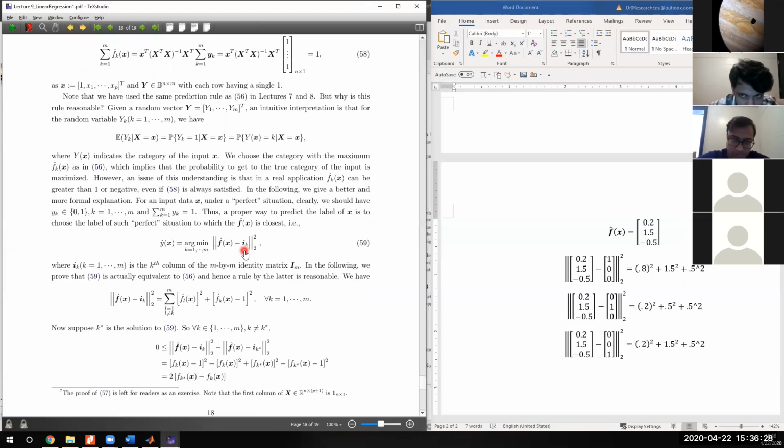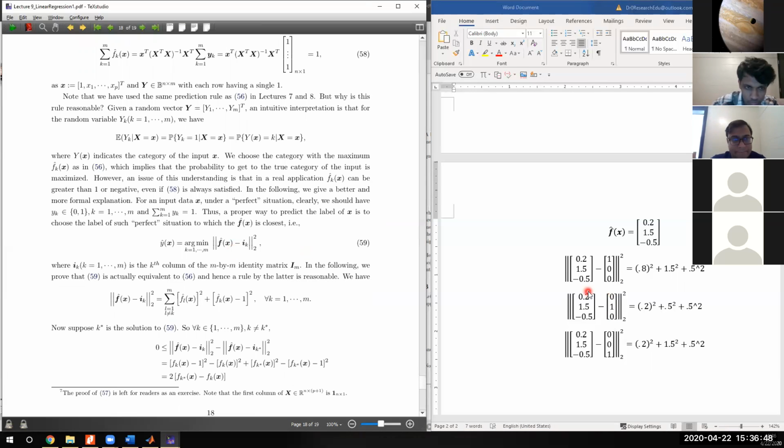Why? Because suppose it's a perfect prediction, which means you have 100% accuracy. Then what's going to happen? You should have your f(x) equal to, suppose you are going to predict the label to be, for example, k star, so you should have your f hat x to be I_k star. You know what I mean?